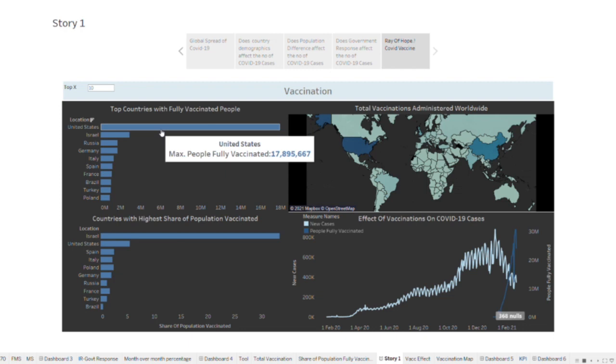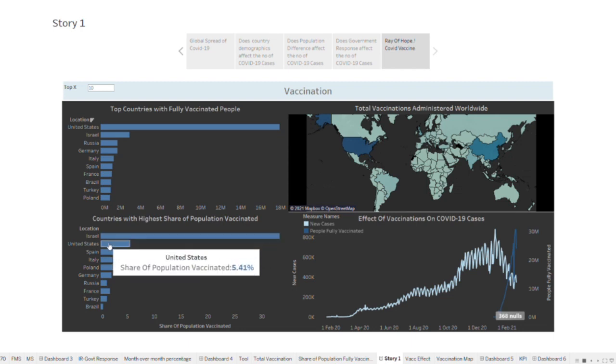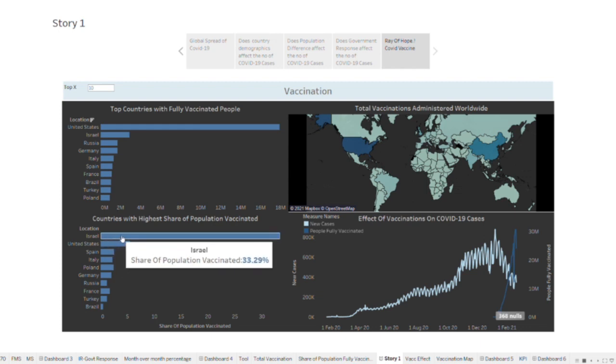However, when we compare the share of population vaccinated, US still has a long way to go, only with around 5% of its population fully vaccinated. Whereas Israel tops the chart, getting 33% of its population fully vaccinated against COVID-19.